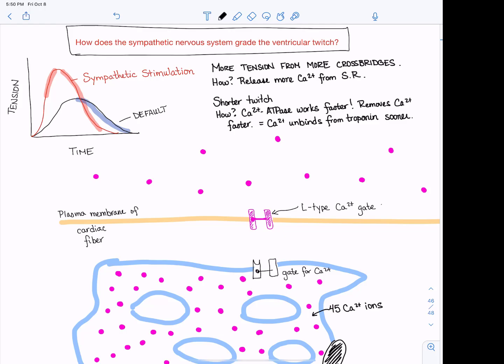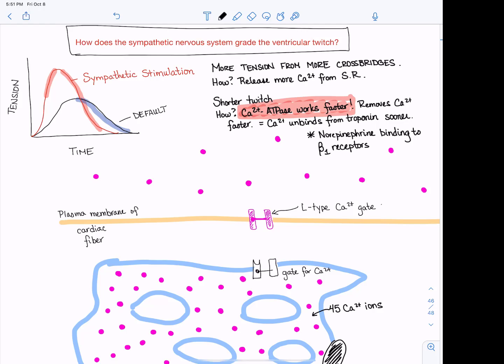Interestingly enough, this is exactly what the sympathetic nervous system does when it triggers our contractile myocardial cells. The main effect or outcome from the sympathetic nervous system is to modulate our calcium ATPase so that it's supercharged. It works faster.